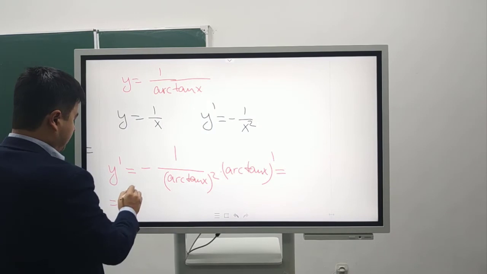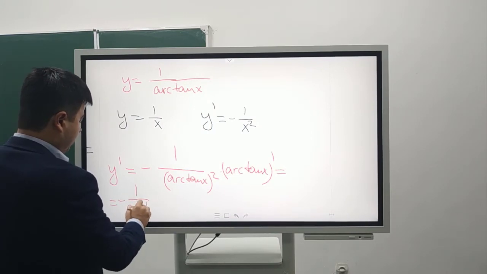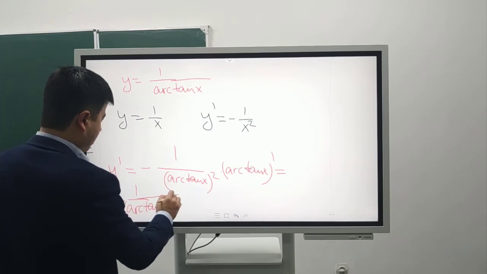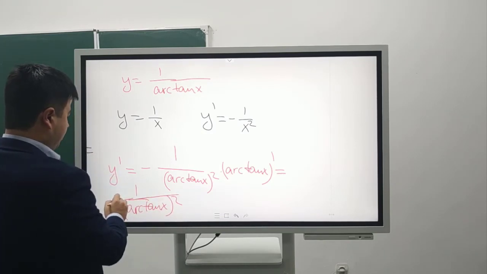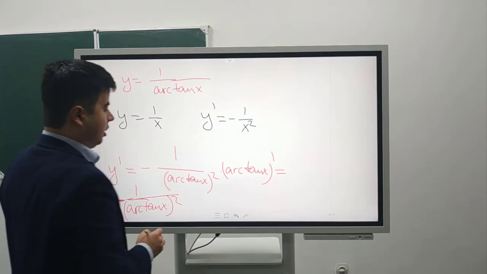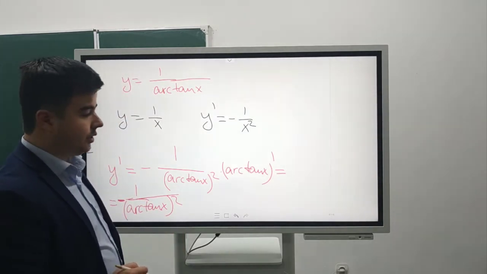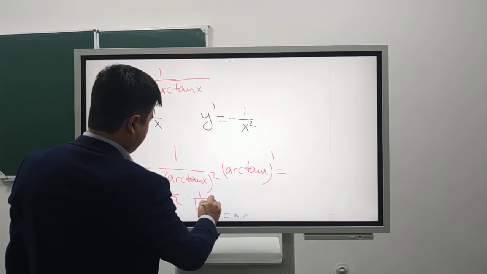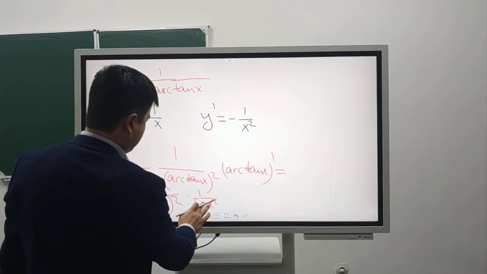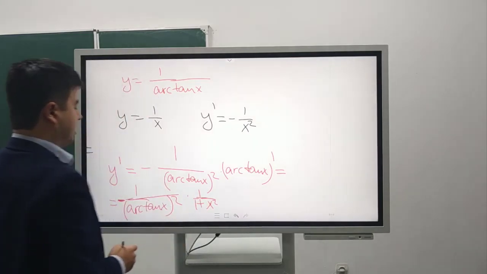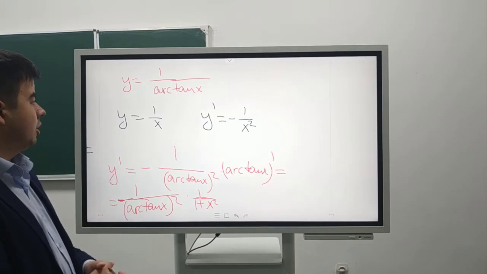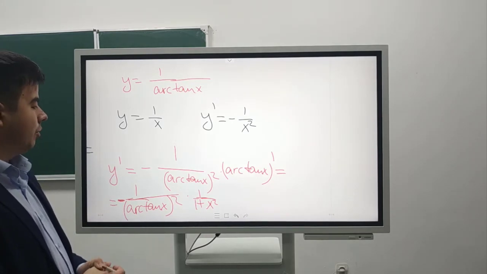We get minus 1 over arctangent x squared, of course, and the derivative of arctangent x is 1 over 1 plus x squared. If we multiply these two functions, we get the answer.